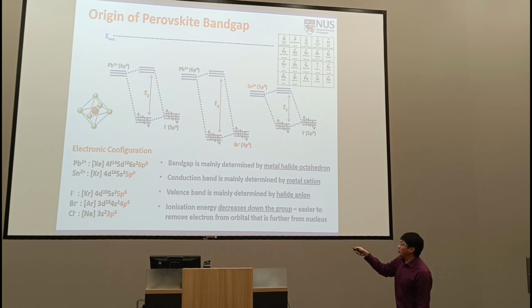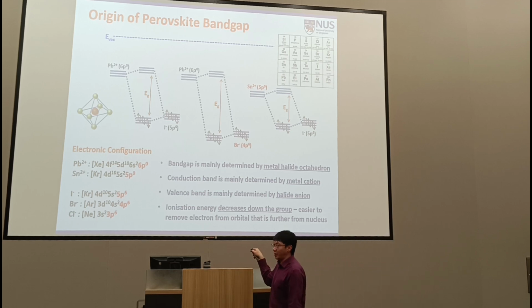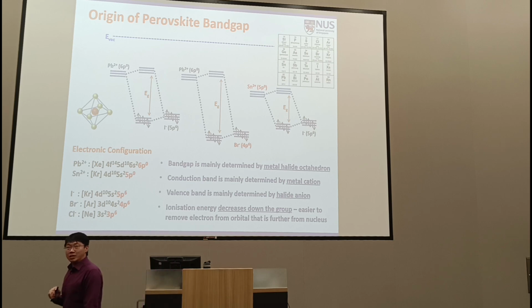When you do bonding, you form bonding orbitals and anti-bonding orbitals. Bonding orbitals are filled; in other words, this is like your valence band. Anti-bonding orbitals are empty; in other words, this is like your conduction band. The gap between them is your band gap.